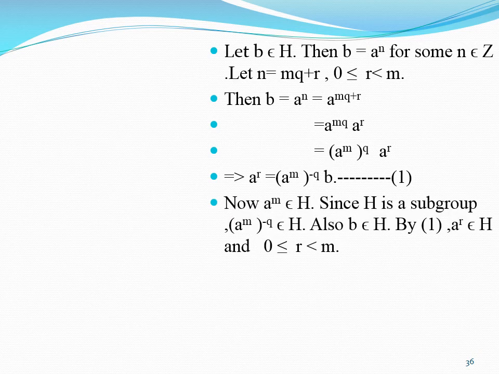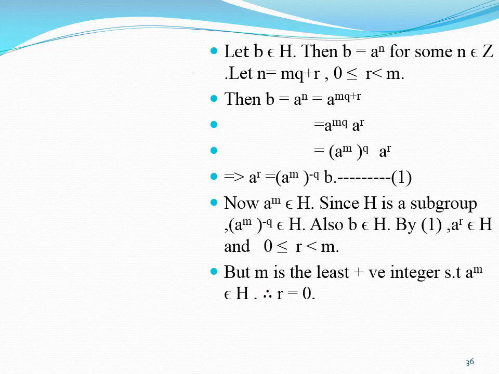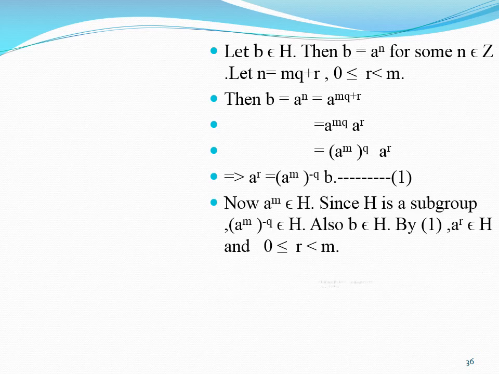Now a to the power m belongs to H. H is a subgroup, so a to the power m whole to the power minus q belongs to H. Also b belongs to H. So a to the power r also belongs to H. But m is the least positive integer such that a to the power m belongs to H. Therefore r is only 0, r equals 0. Can you follow? r equals 0.